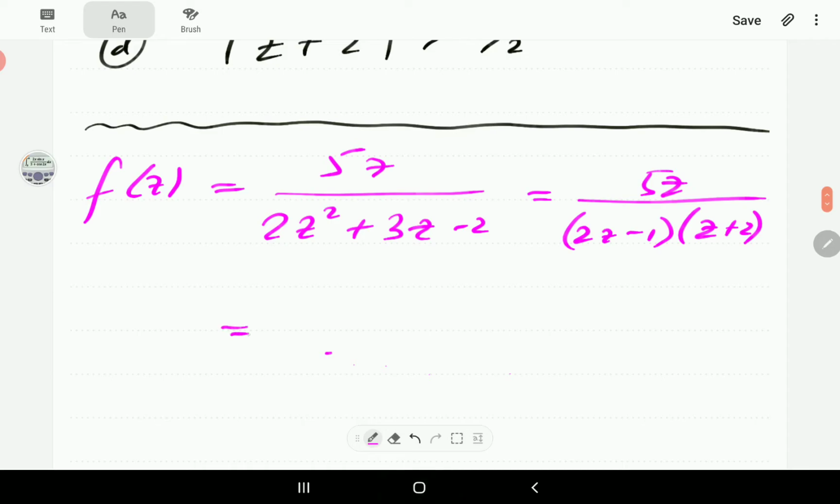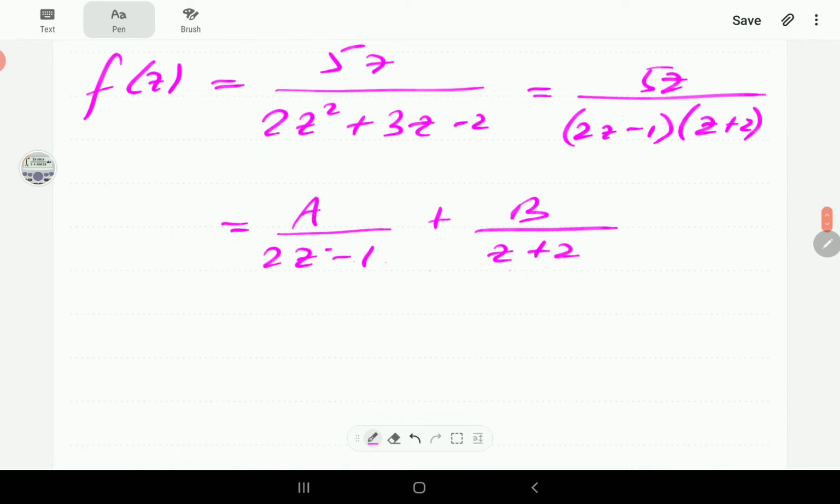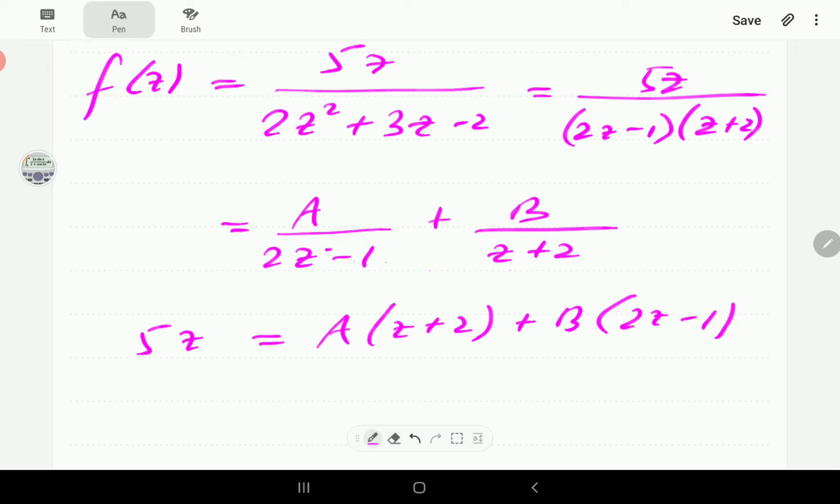So we're going to resolve it into partial fractions: a over 2z minus 1 plus b over z plus 2. If we clear the fractions, this is going to give us 5z equals a times z plus 2 plus b times 2z minus 1.